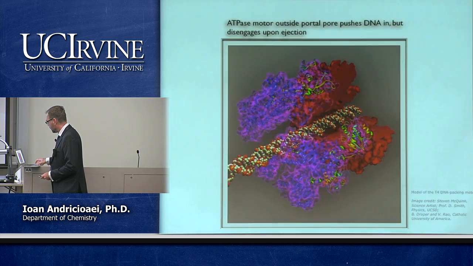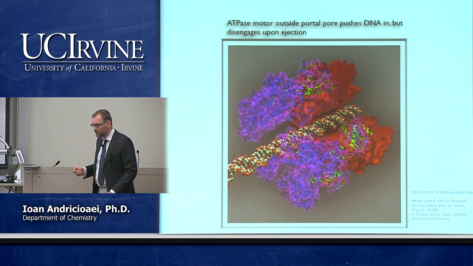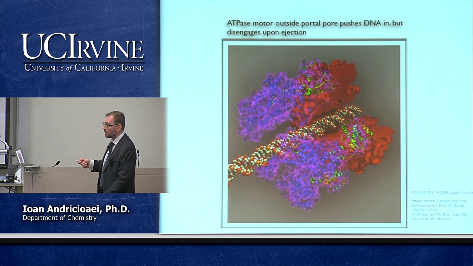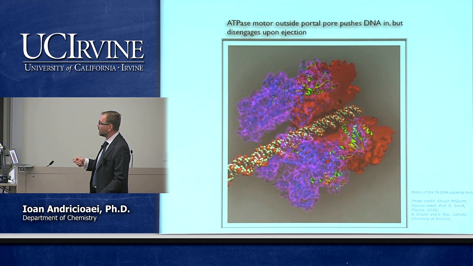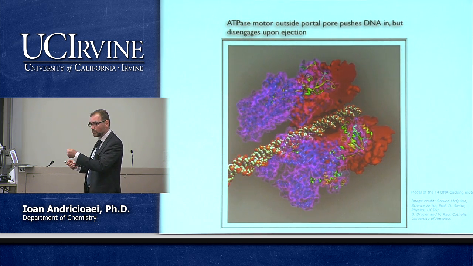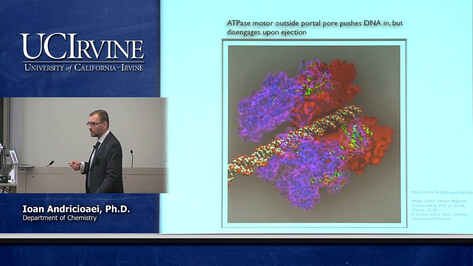The reason why we became interested in that was because there existed for a long time in the literature a model that had it that the DNA, when it gets out or in through the portal pore, actually rotates like a corkscrew would when you push it into the cork.